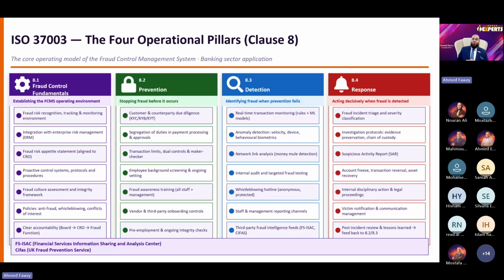This is your safest and most straightforward way to have this international standard implemented inside your organization. I think this will be a great milestone and will have a great impact on your fraud control and fraud prevention inside your financial system, regardless of whether you are a bank or a financial entity. So we highly recommend something like this.